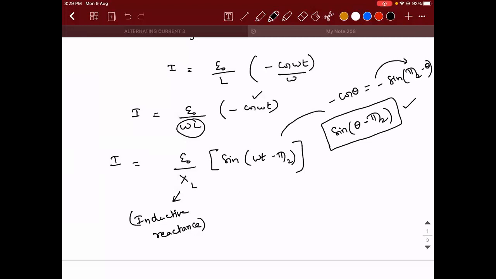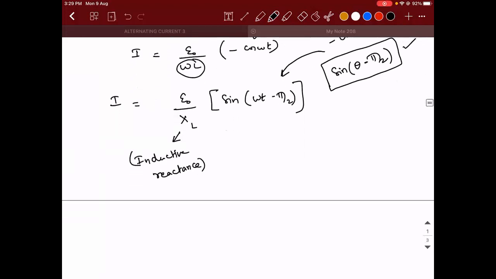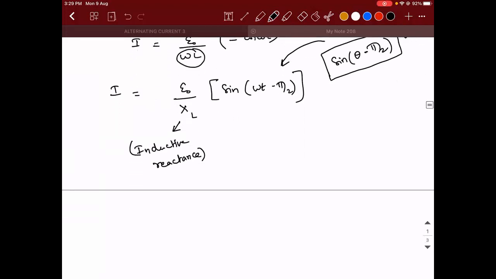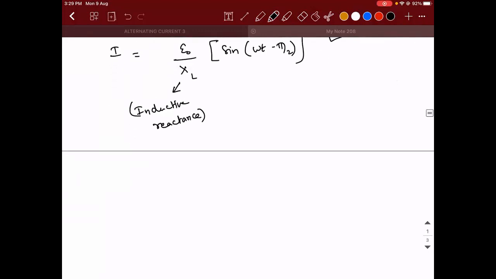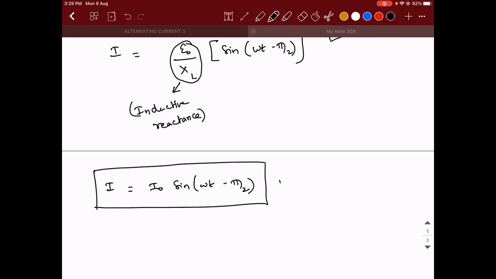So that is the reason why I wrote it as omega t minus pi by 2. So I will be equal to E naught divided by XL into sine of omega t minus pi by 2. And this E naught divided by XL will be equal to I naught. So I will be equal to I naught sine of omega t minus pi by 2.